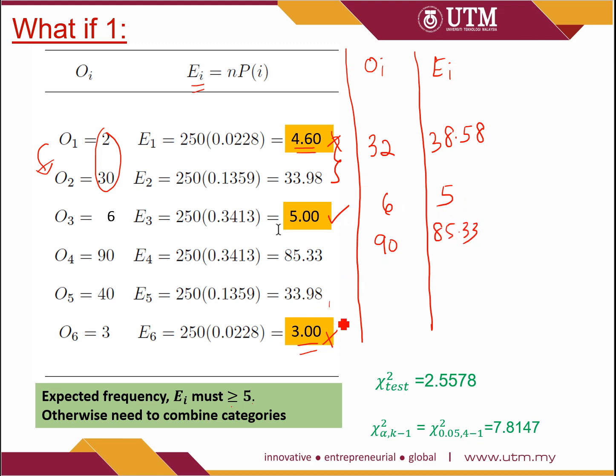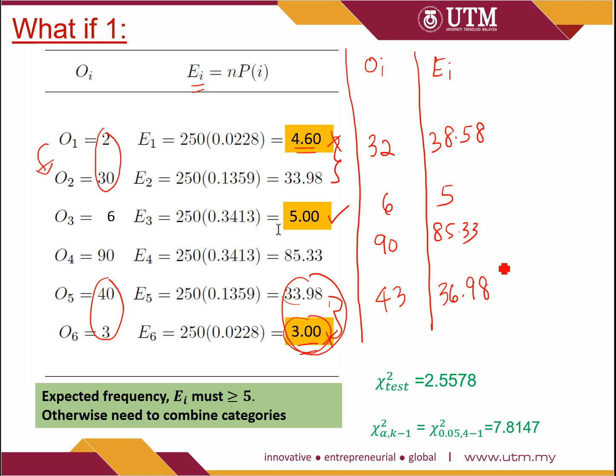Okay, although this one is okay, since it is less than 5, we have to combine the last row with the nearest row, which is this one. So you have to add this one and this one. So 40 plus 3, you would get 43, and 33.98 plus 3, you would have 36.98.